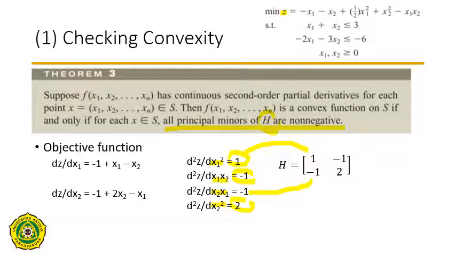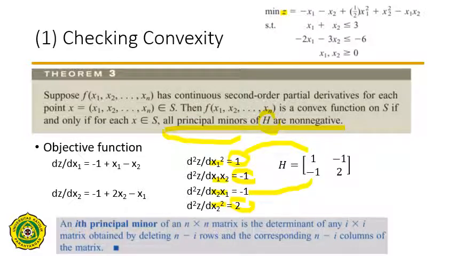Now that we've got the Hessian matrix, we check the principal minors. A principal minor is the determinant of a matrix when we delete n minus i rows and the corresponding n minus i columns. For example, if you want a 1 by 1 matrix, you need to delete 1 row and 1 corresponding column.